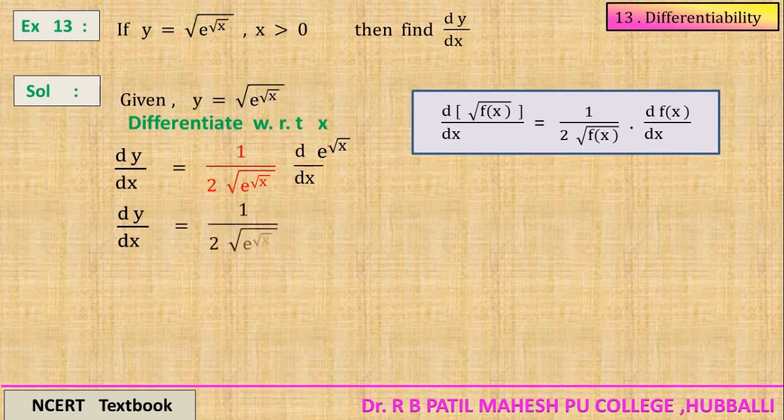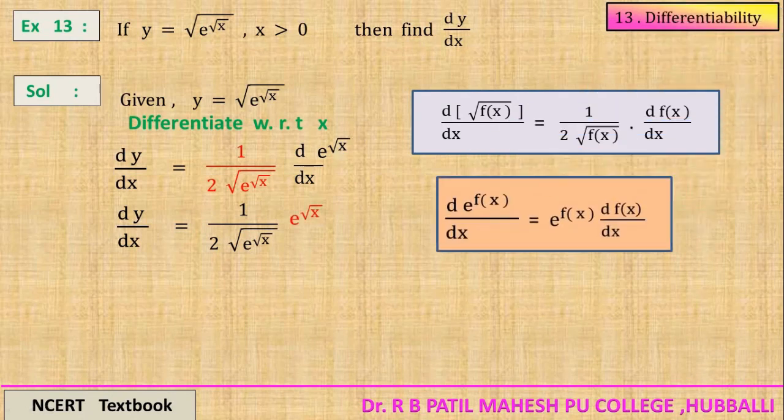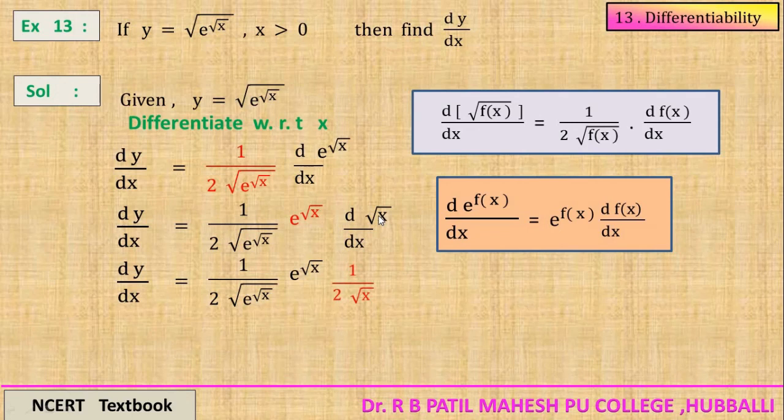Now first term as it is, and derivative of e raised to root x, it is a exponential composite. So it is the same function, then derivative of composite variable, that is root x. In next line if you write a root x function derivative, that is the solution. Root x function answer is 1 by 2 root x.